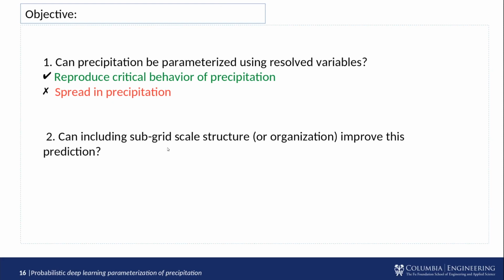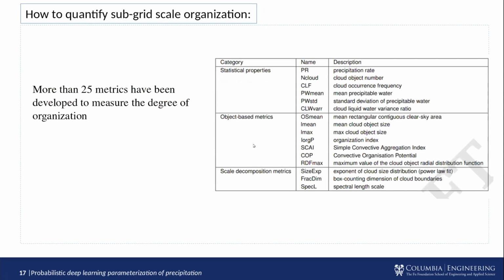Okay, so then we want to include information about subgrid scale structure. To do that, we have to quantify the subgrid scale structure or organization. Over the last couple of decades, there have been more than 25 metrics developed to measure the degree of organization, and they look at different aspects of organization.